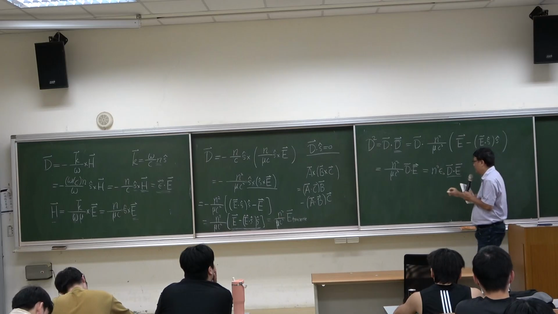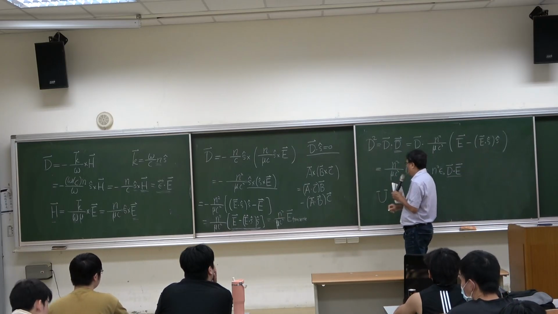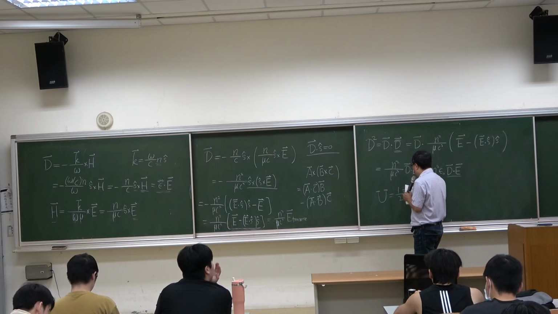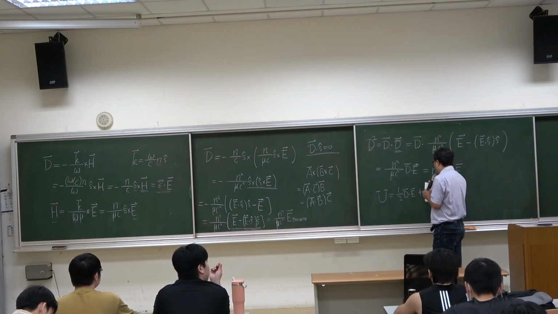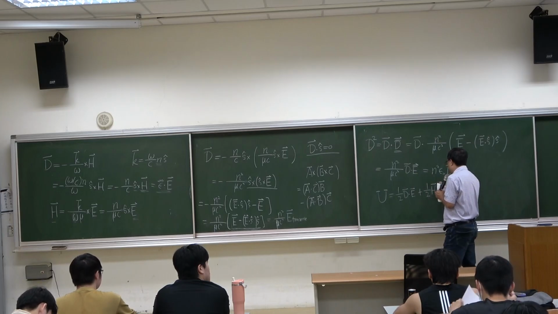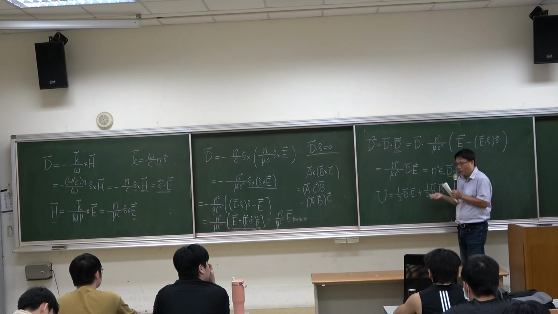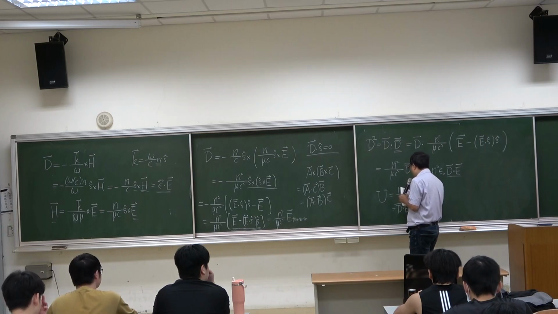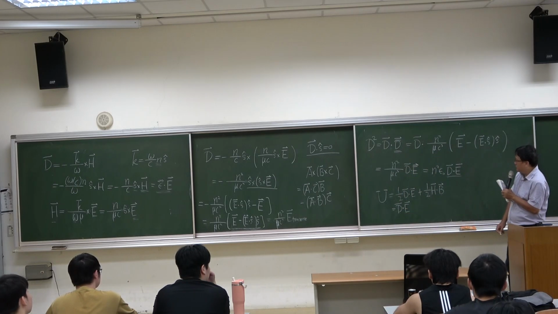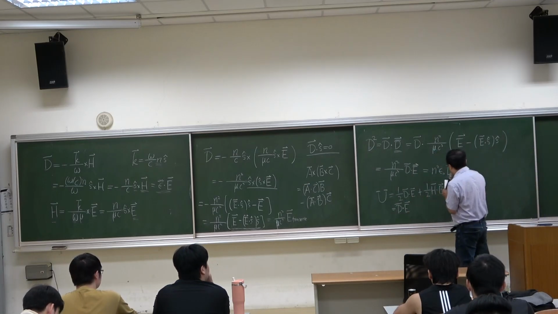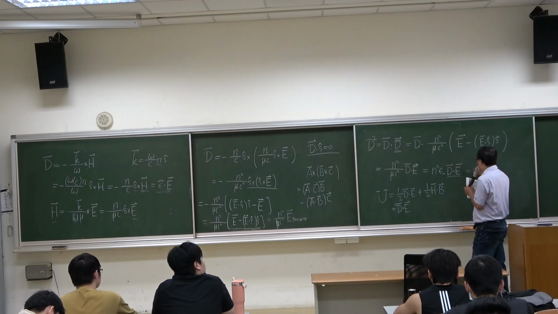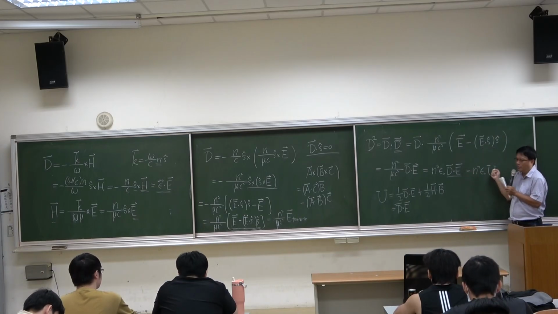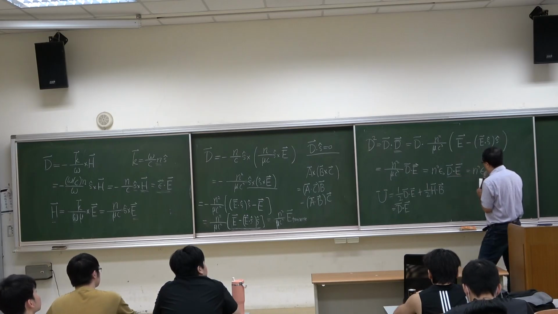So the total energy density of the electromagnetic field is equal to 1/2 D dot E plus 1/2 H dot B. And you can prove that D dot E is equal to H dot B. So U is just D dot E. U is the energy density of the electromagnetic field.